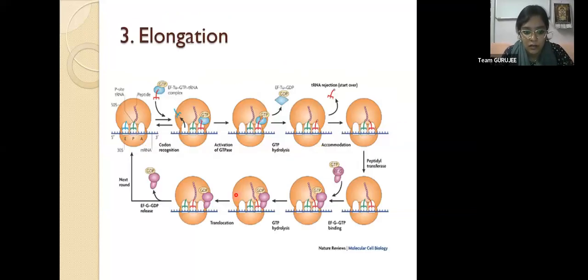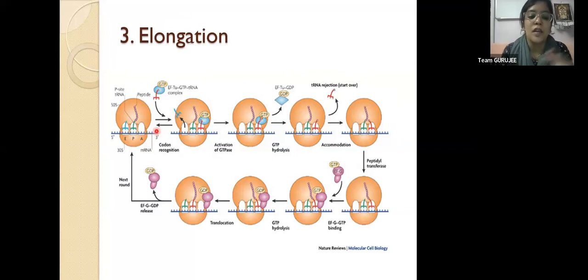The third step, the second process of this translation, is elongation. So what is happening in elongation? I told you there are sites, room-like structures. First it is initiated by AUG, the start codon. It also codes for the amino acid methionine.